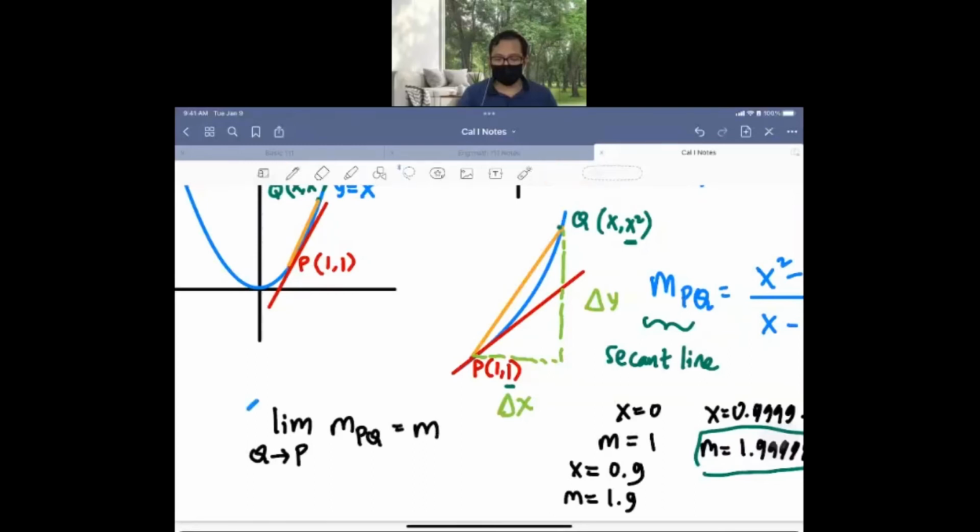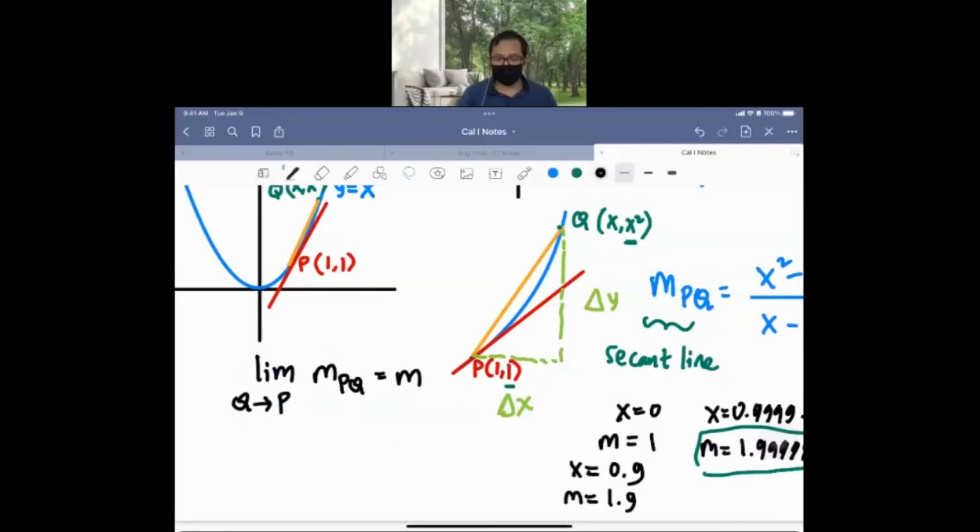In other words, in our case, this m PQ, we can say that as x gets closer to reaching 1, the m, x squared minus 1 divided by x minus 1, from our trial and error is equal to 2. We are not using any limit computation yet. We're just using some trial and error from some numbers. Okay, and this is what we got.